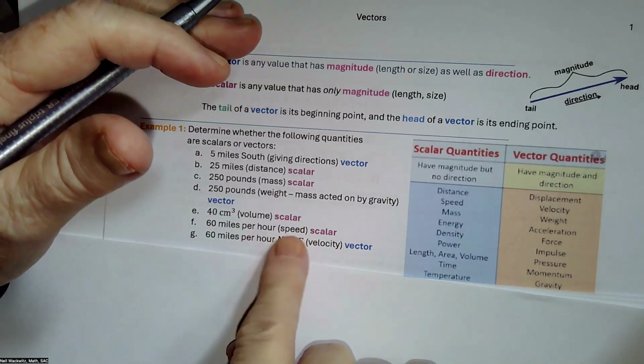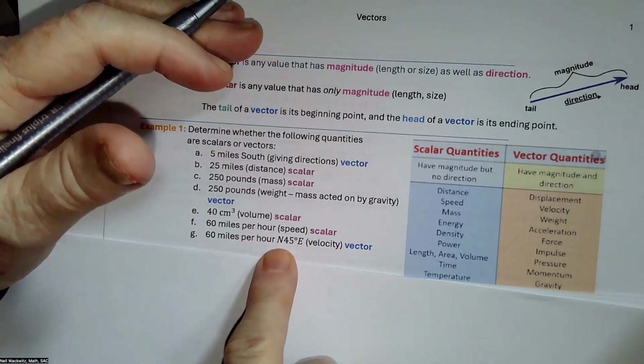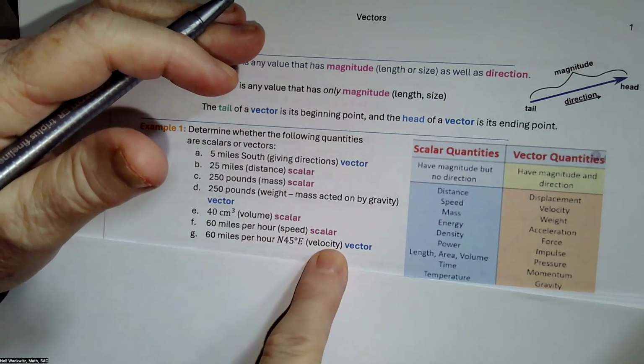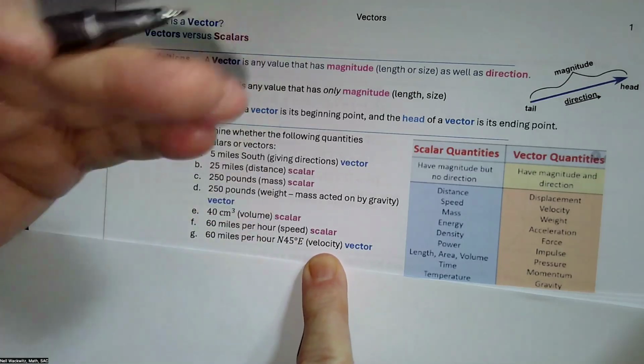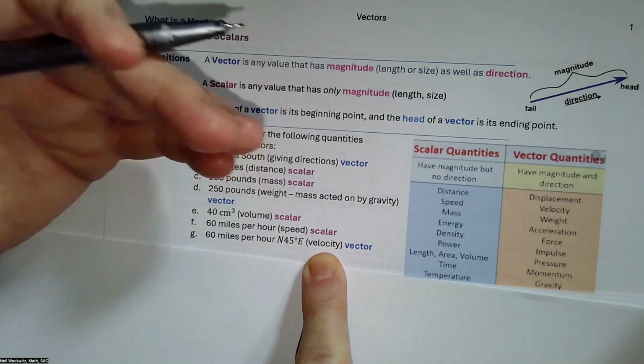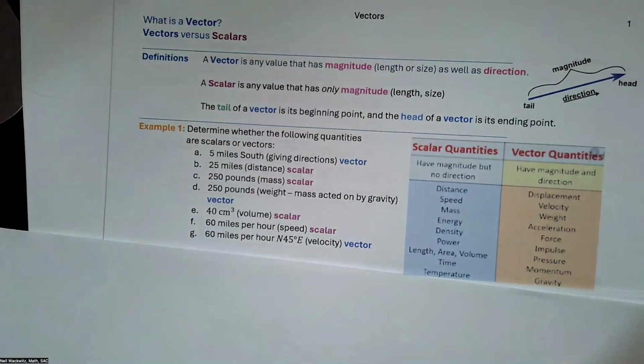So 60 miles per hour is a speed, where 60 miles per hour north, 45 degrees east is a velocity. Velocity has magnitude and direction. Magnitude is the size or the length.